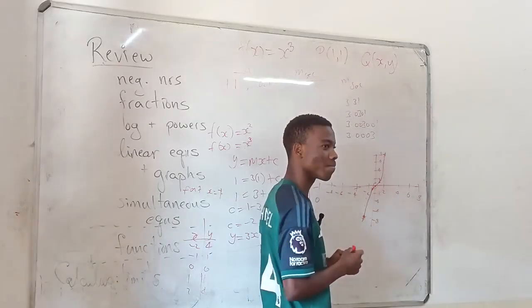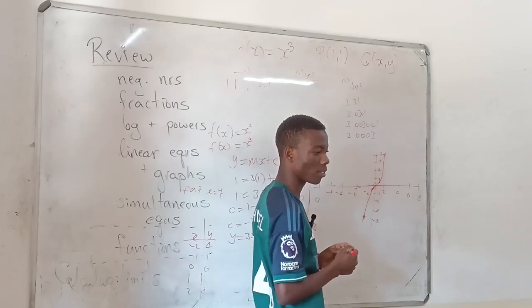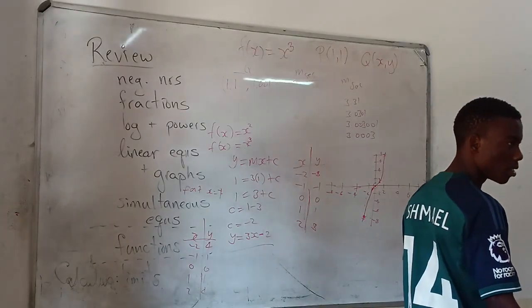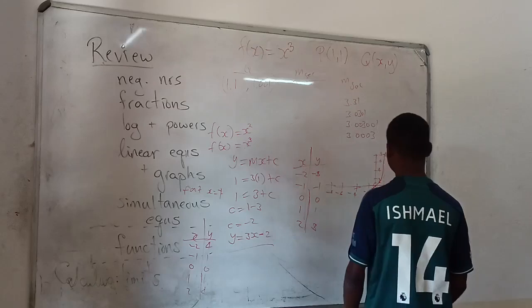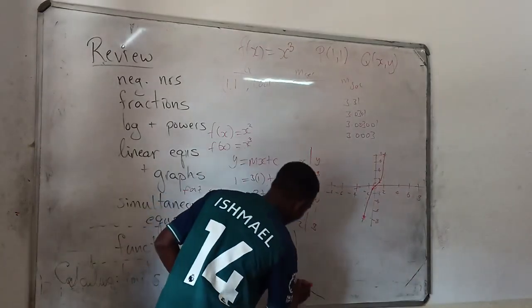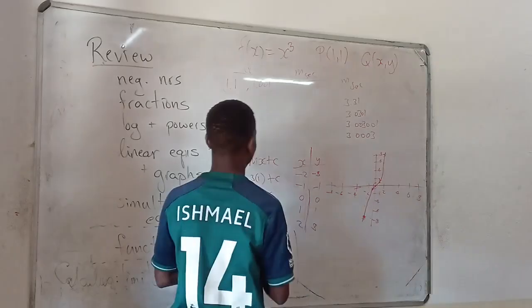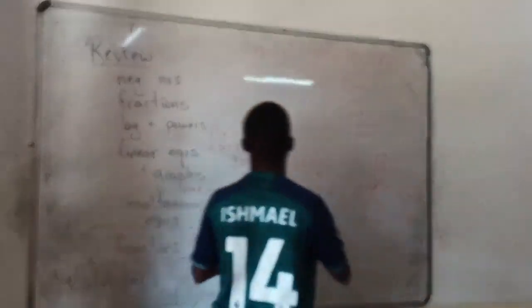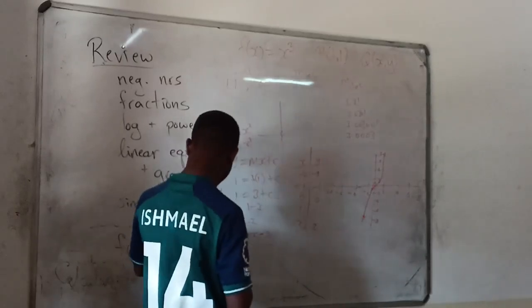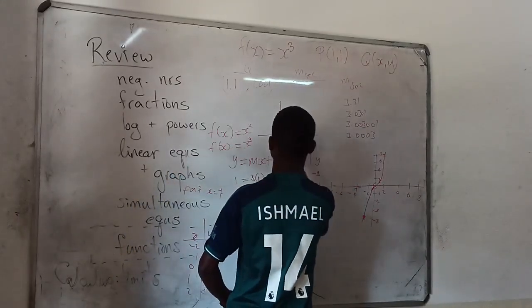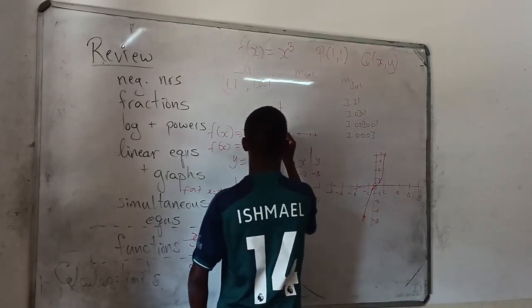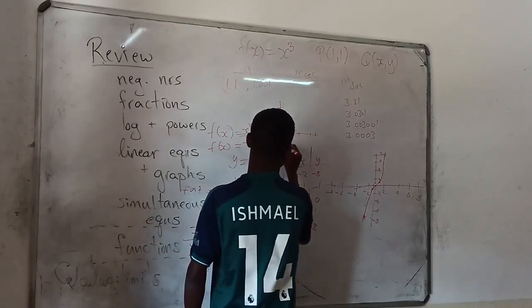So I thought you were differentiating between f(x)... Let me see. Should be 1, 2, 3, 4.